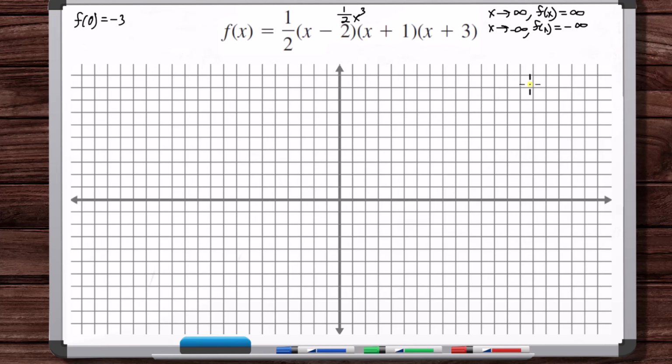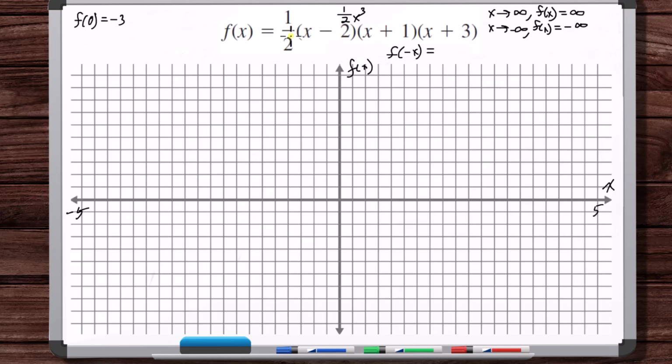Okay, so let's go ahead and plot the x-intercepts and the y-intercept. So we'll do, okay, so, well, we can check. This isn't going to be an even or an odd function. Let's see, f of minus x is, so, okay, this is minus x.